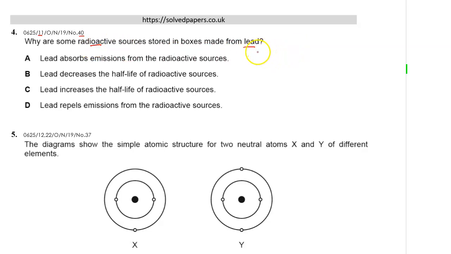And we have three types of radiation, if you remember. We have alpha, beta, and gamma. Alpha is stopped by thin paper.